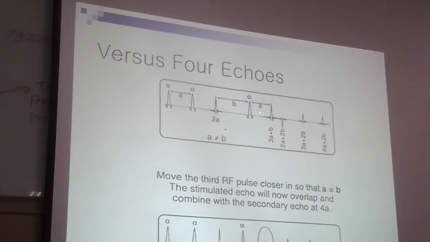Since A is equal to B, the echoes are overlapped here. The positive echo and the negative echo cancel each other, so the small echoes are generated here.